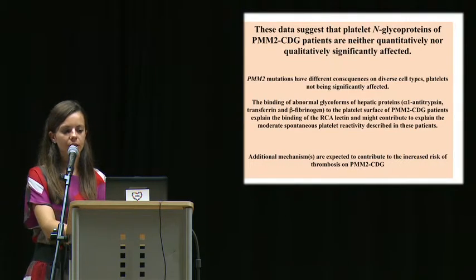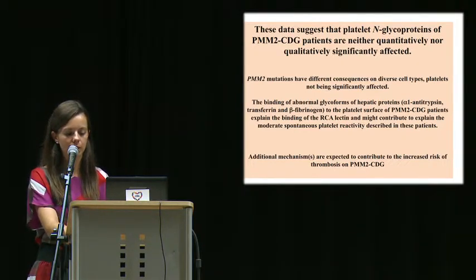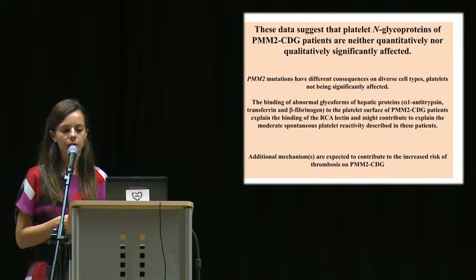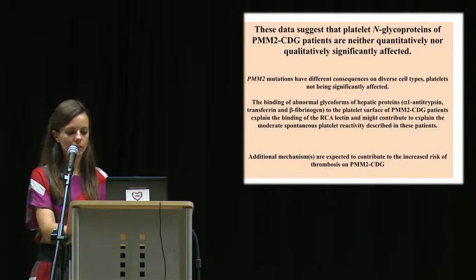So all this data suggests that platelets and glycoproteins of PMM2-CDG patients are neither quantitatively nor qualitatively significantly affected. PMM2 mutations have different consequences on diverse cell types, and platelets are not significantly affected, according to our results.